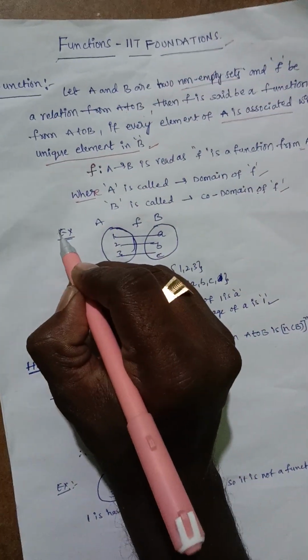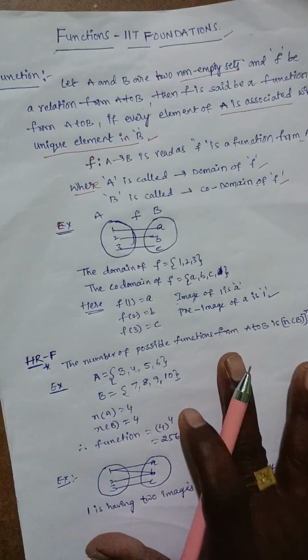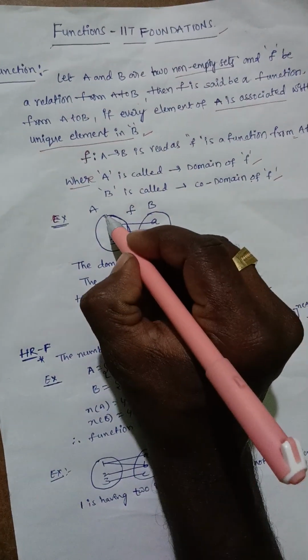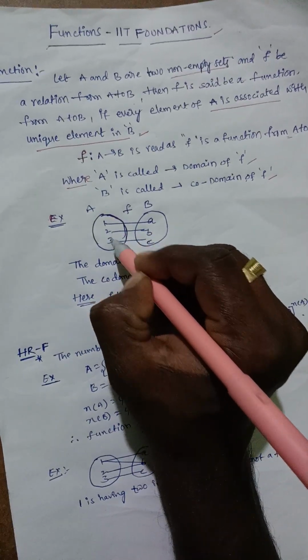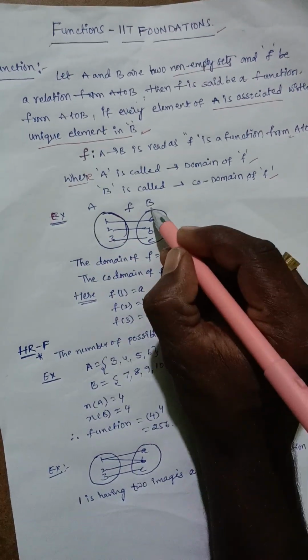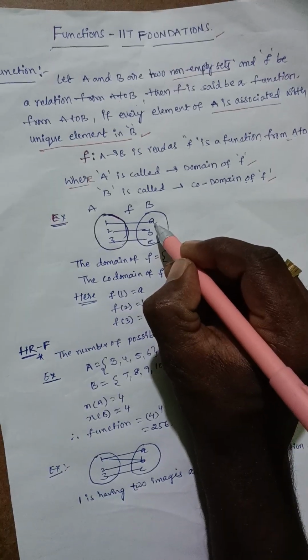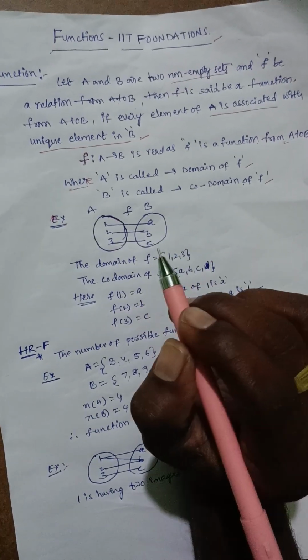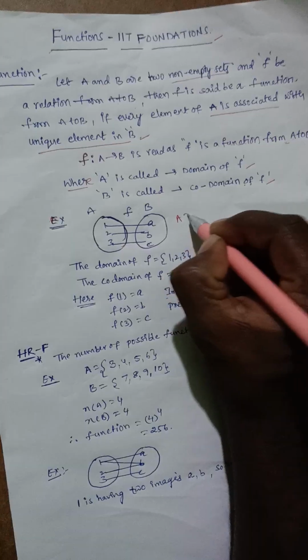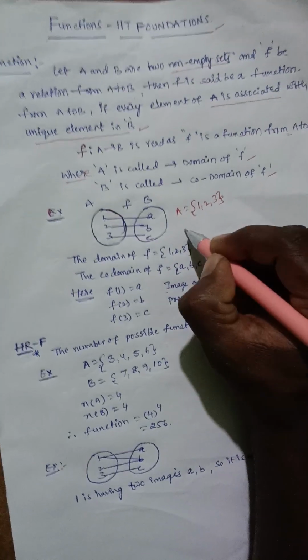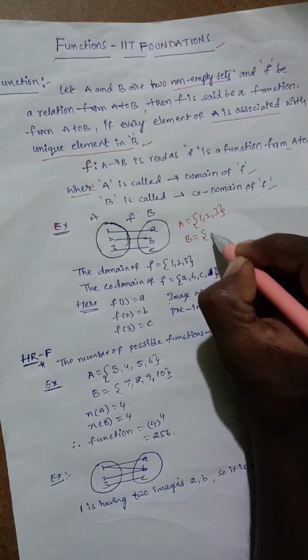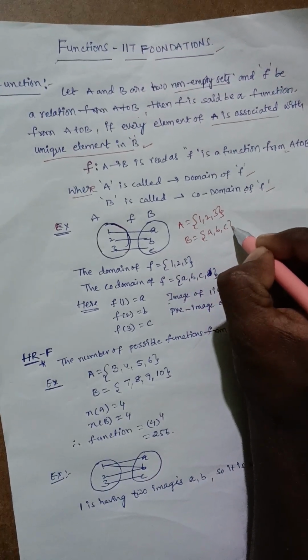For example, I am taking one example and explaining clearly. I am taking set A with the elements 1, 2, 3, and set B with the elements a, b, c.